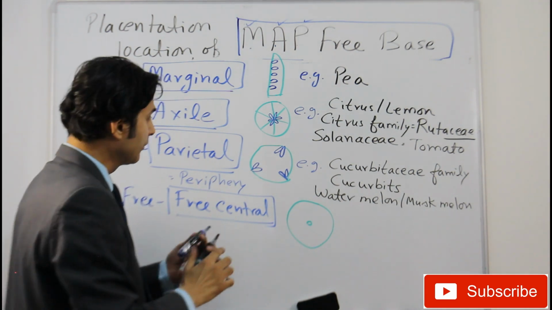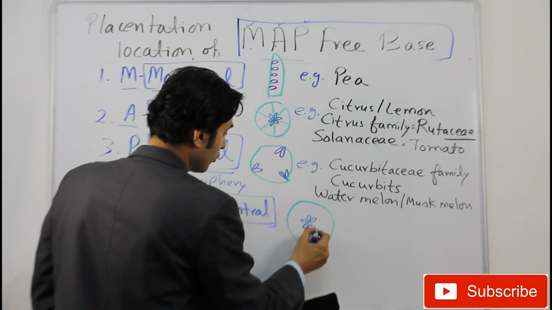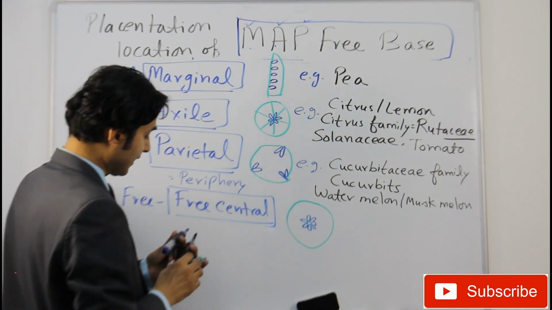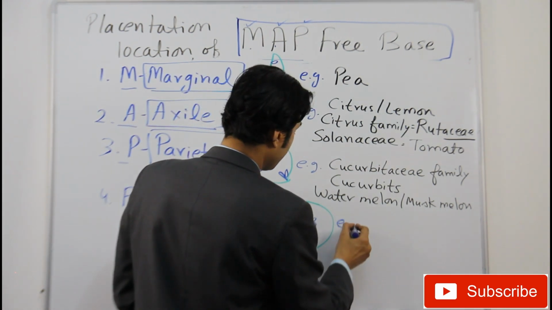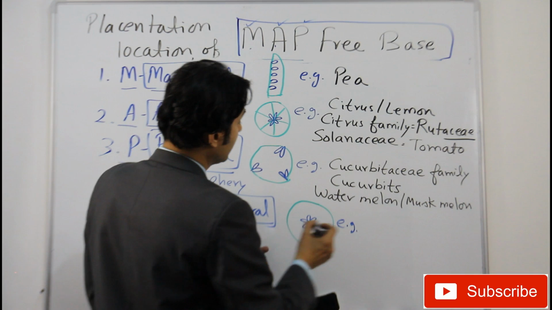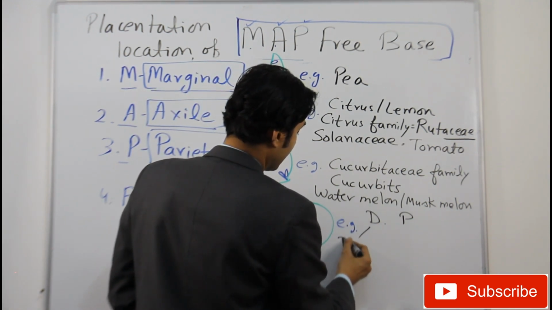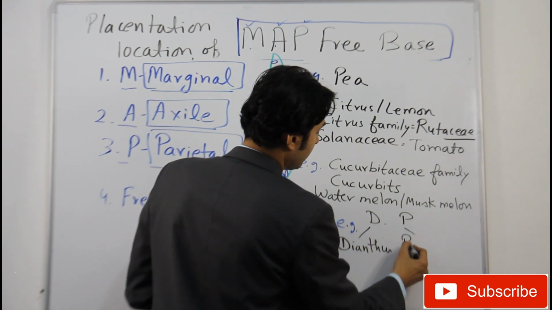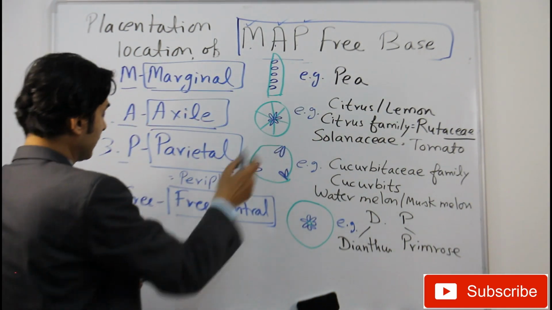So this becomes one locule, and from here the ovules emerge out in all directions. Examples, as I said, you can remember free is your DP, display picture. D means dianthus and P means primrose. These are the examples.